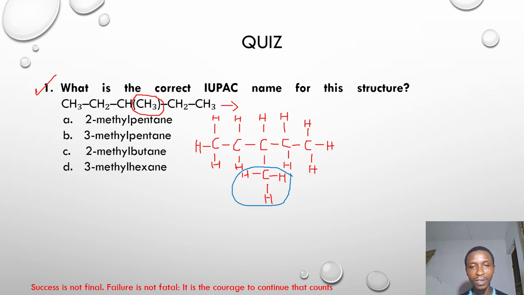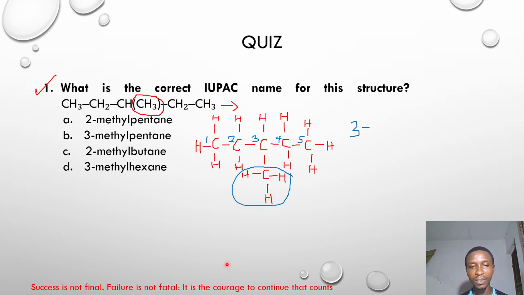So let's start from left. 1, 2, 3, 4, 5. We see that the branch chain actually falls on the third carbon atom. So that implies that our name will start from 3, then 3 what? The branch that is formed on this third carbon atom is CH3, and CH3 is methyl.